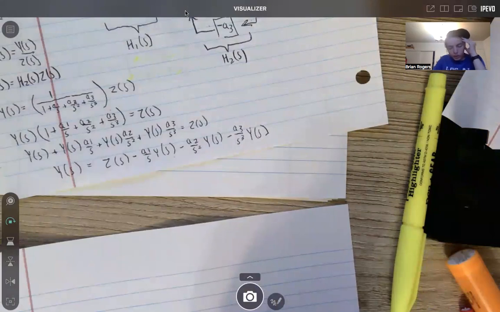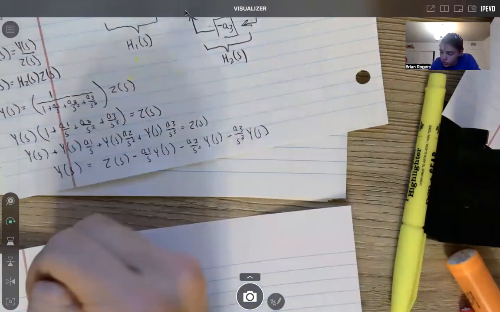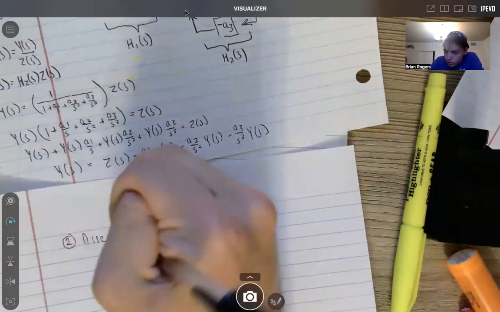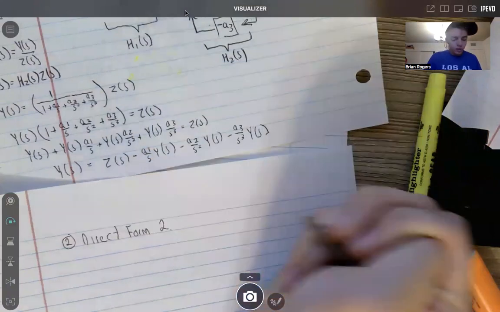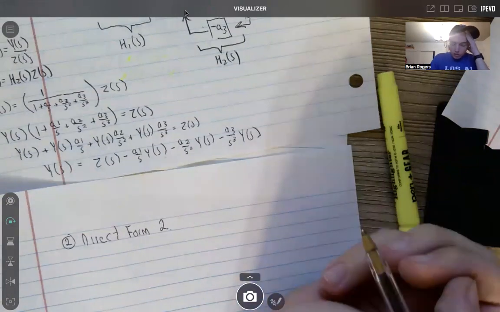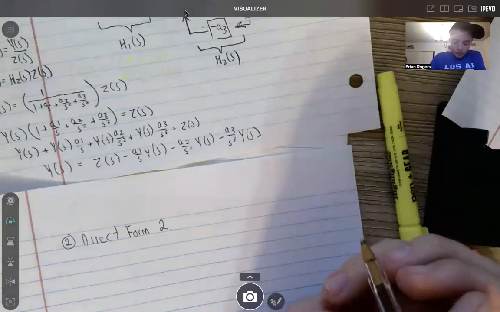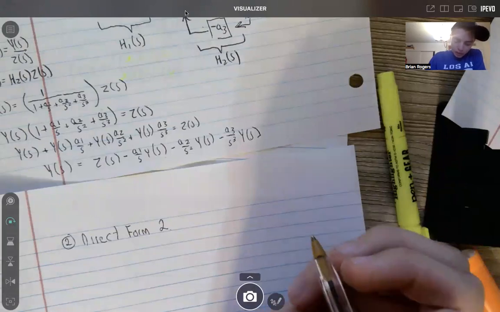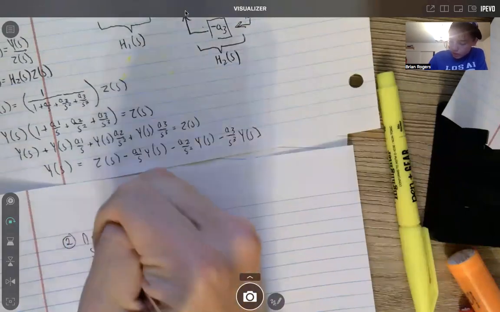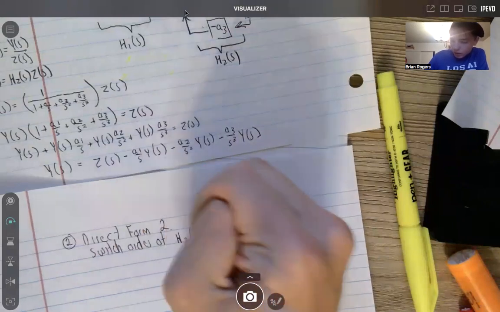So for direct form 2, what you're going to do is switch the order of H2 of s and H1 of s.